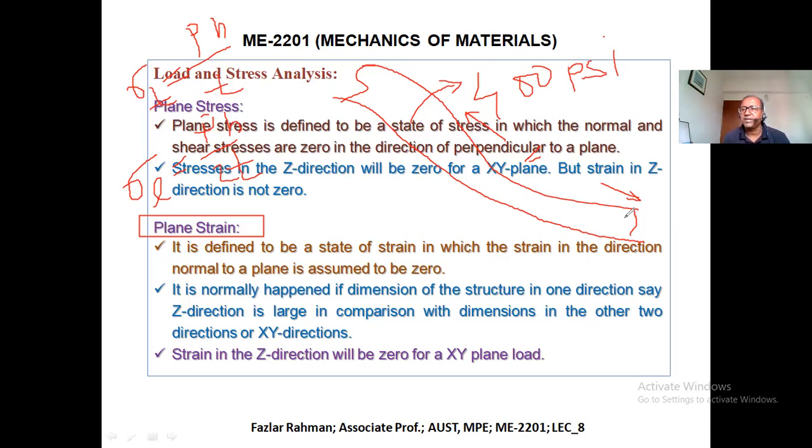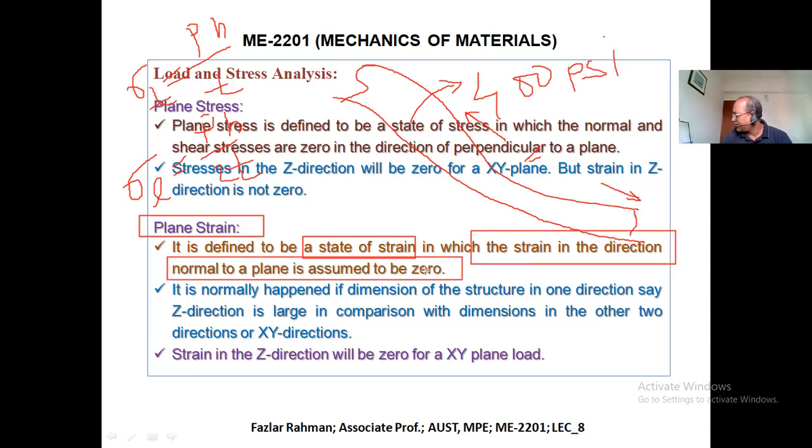So plane strain is defined as a state of strain in which the strain in the direction normal to the plane is assumed to be zero. Say this is my notebook or a plate. I am pulling along this direction and along this direction. If I pull it, the thickness will decrease.